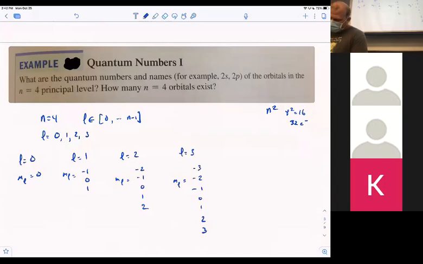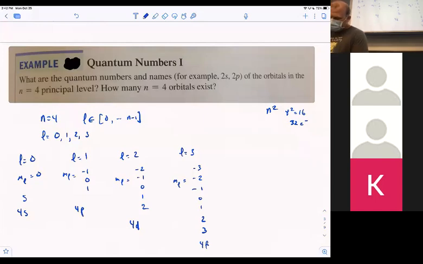When l equals 0, this is an s orbital, specifically the 4s orbital. When l equals 1, this is a p, so this is going to be 4p. l equals 2 is going to be 4d, and then this one is going to be 4f, because l equals 3 is an f orbital. And how many orbitals exist?